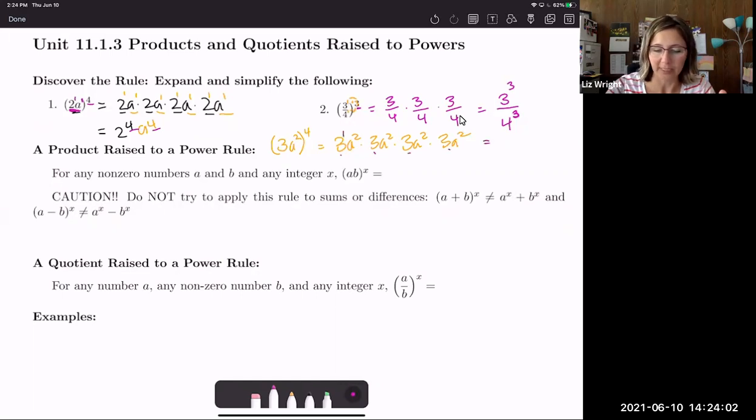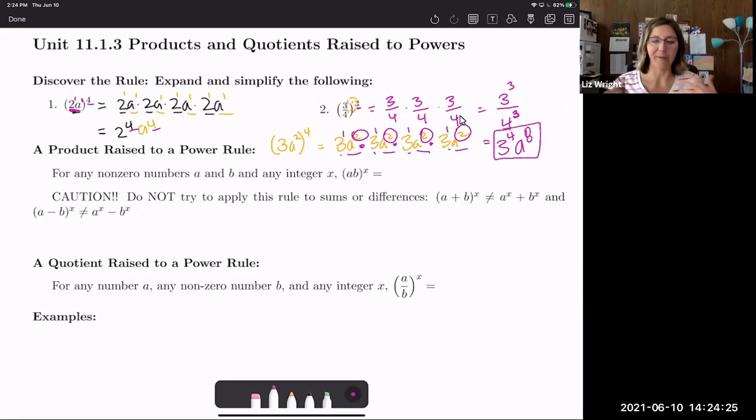And again, that's because I'm counting up the exponents, right? So I've got 3 to the fourth. And then a's, 2, 4, 6, 8. Because we're adding up those exponents because we're multiplying. Remember, that's our product rule. So that would be a to the 8th.